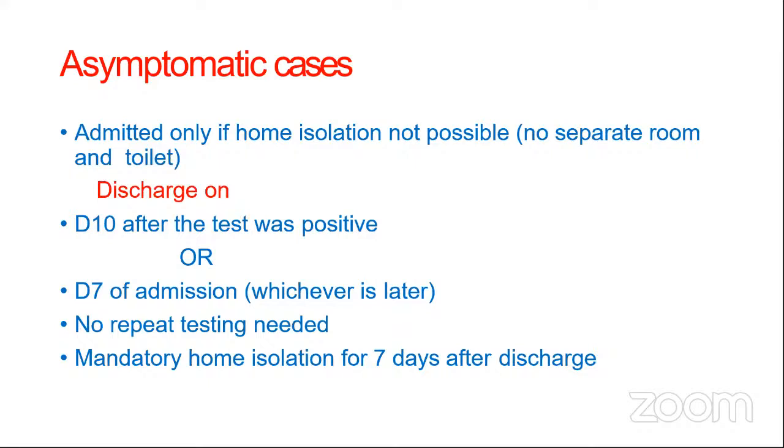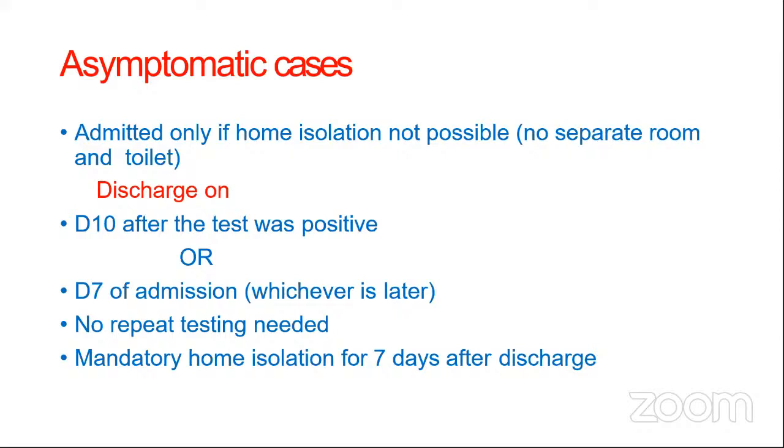In such scenarios, these patients can be discharged on day 10 after the test was positive, because the patient was not symptomatic. So we would discharge him after 10 days of the test being positive, or day 7 after admission, whichever is later. And in asymptomatic patients, no repeat RT-PCR or any form of testing is required before discharge.